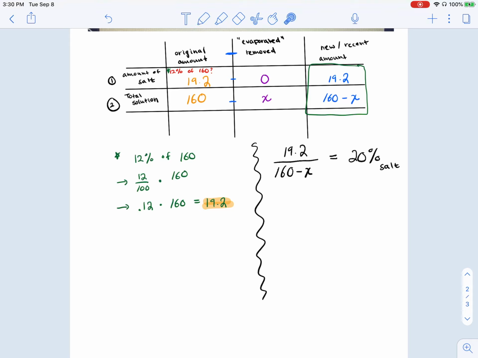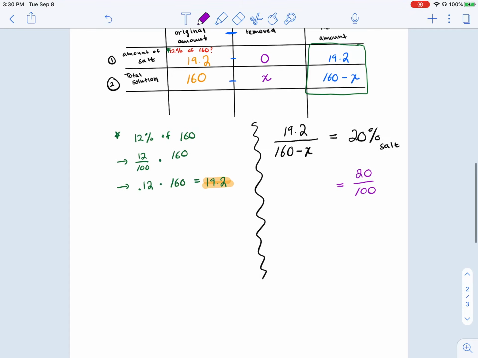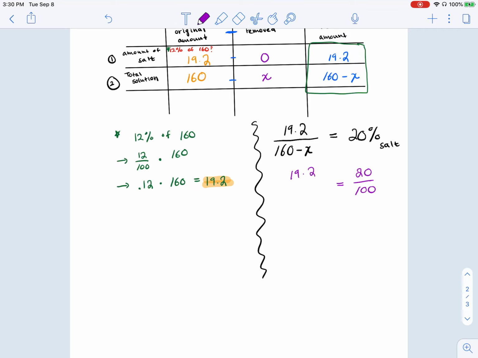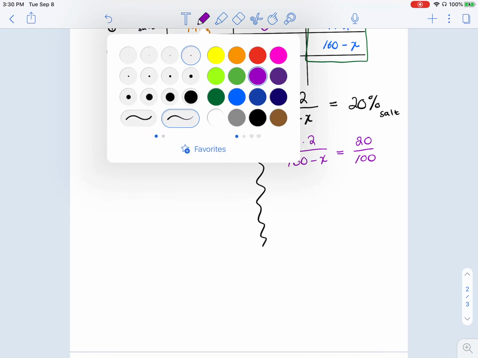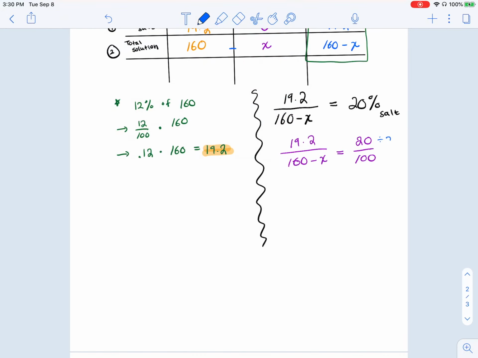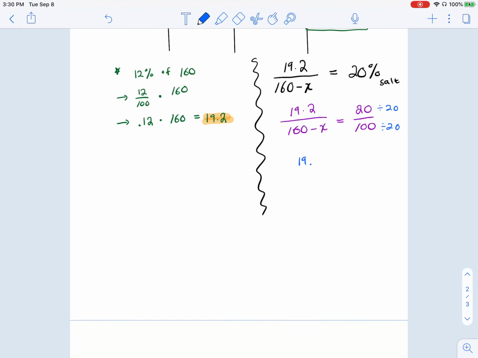But if you represent a percent with a percentage sign, we can't calculate it, so we're going to represent it as a fraction, 20 over 100. Then the left side, 19.2 all over 160 minus x. And then we're going to solve for x. I'm noticing that I can divide this fraction by 20 and simplify. So I have 19.2 all over 160 minus x is equal to 1 over 5.